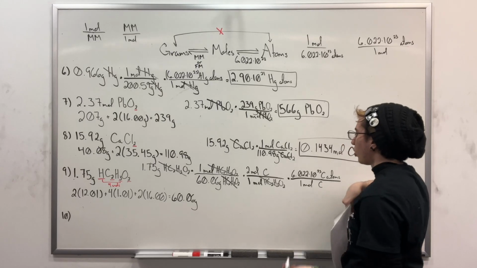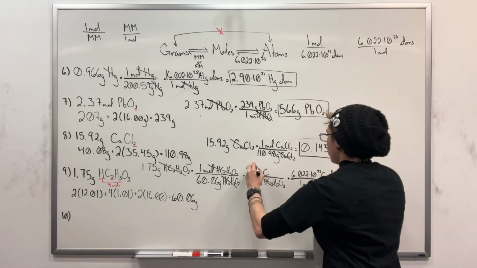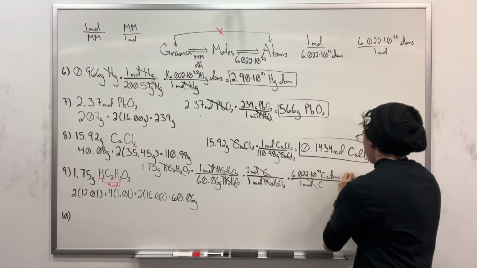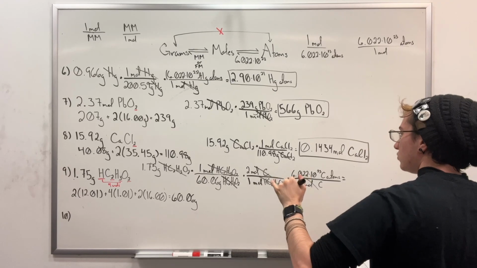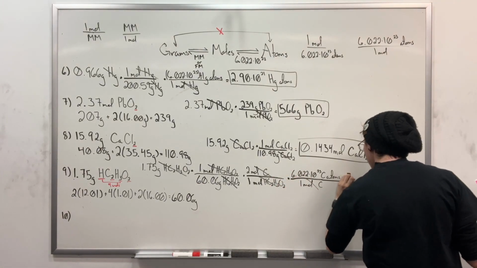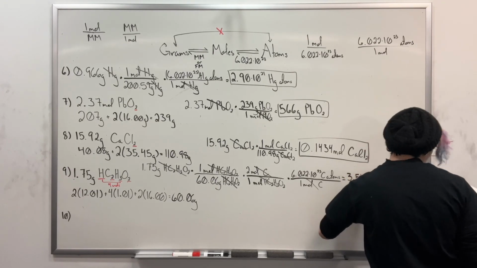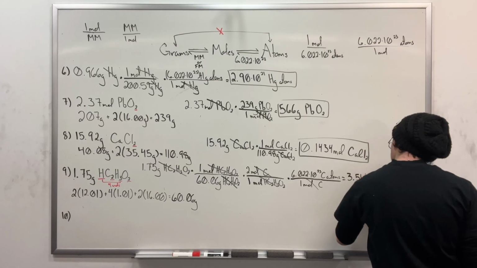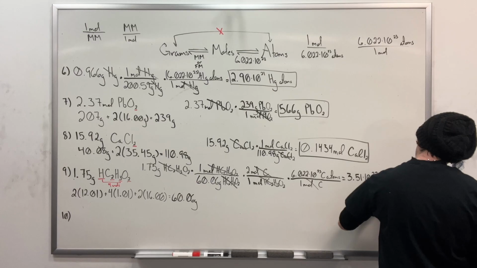That's still true. If we have a mole of carbon, we have Avogadro's number's worth of carbon atoms. And so when we have 1.75 grams of HC2H3O2, we have 3.51 times 10 to the 22nd carbon atoms.